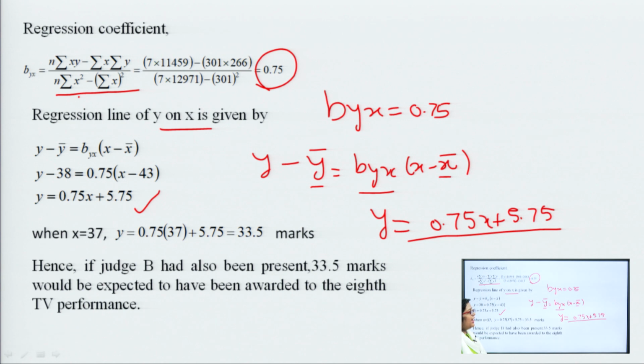This is the required line of regression, and now find the value of y when x is given as 37.